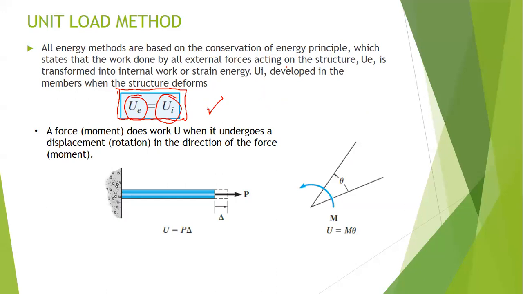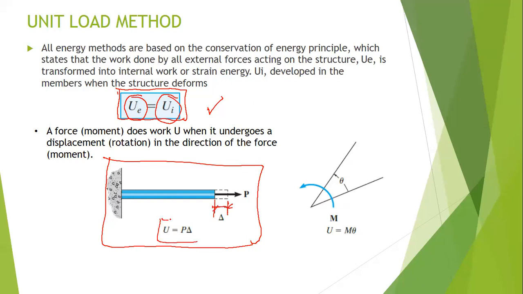Okay, so that's it. So it can be illustrated by this figure here. Meaning if you have an applied force P and that force P causes a total elongation of delta, then the work done is equal to P times delta, as can be seen by this equation.